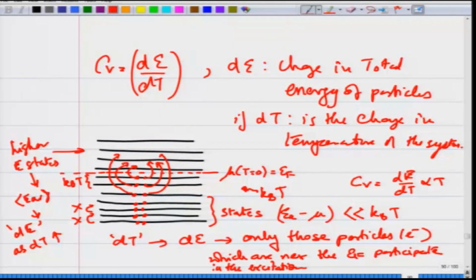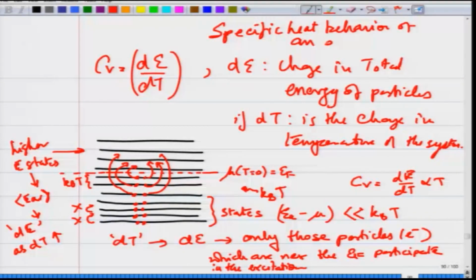And this is the basic understanding of the specific heat behavior of an electron gas within the Sommerfeld's model. We will next show how you get this linear temperature dependence of the specific heat of the gas.